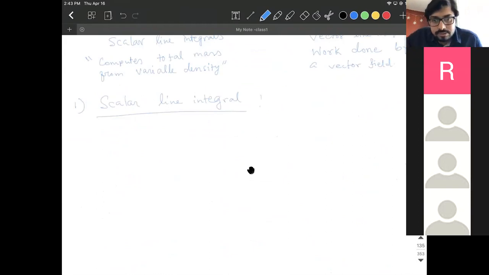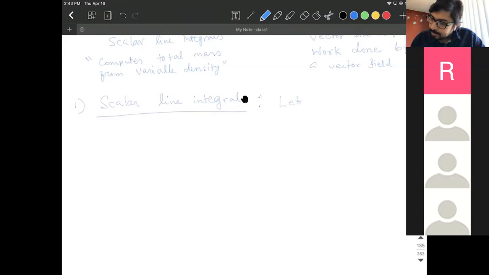Okay, now we do everything in R3, but just to remark that all of what we are going to do holds for general Euclidean space. So it holds for Rn, for n greater than or equal to 1, basically. So for any n.